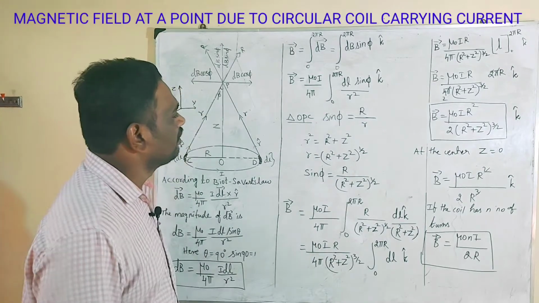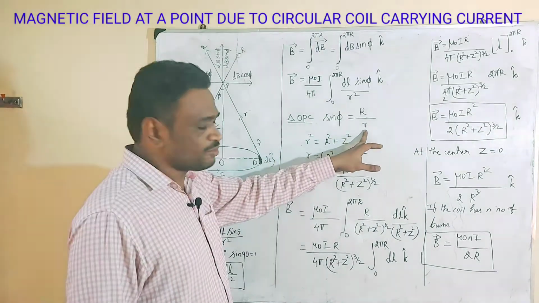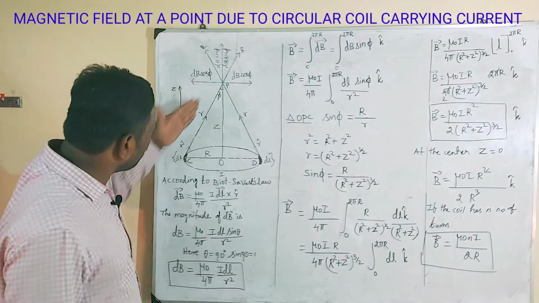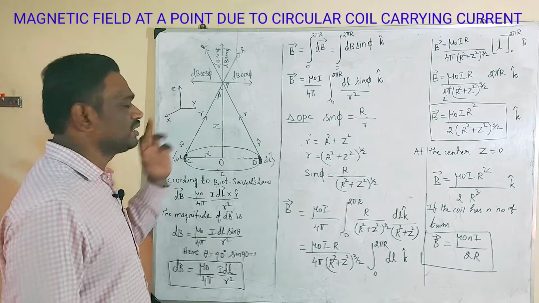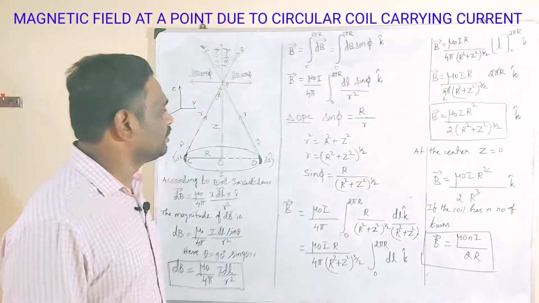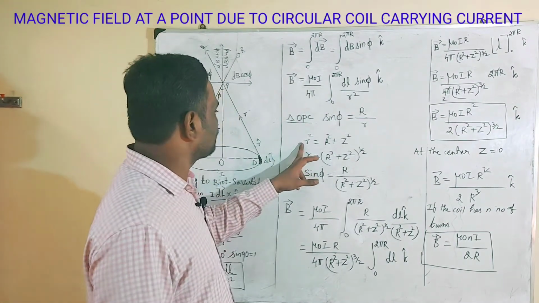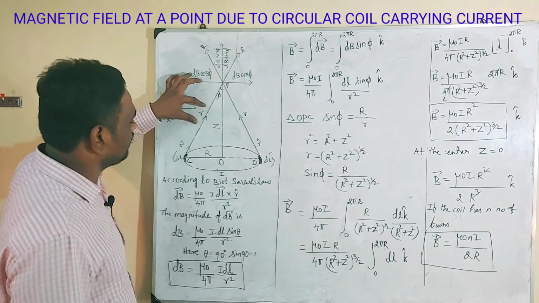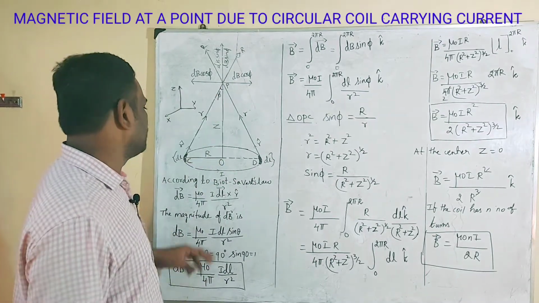Here I don't know the value of small r. It is the hypotenuse of the triangle. We can determine the hypotenuse of the triangle using Pythagoras theorem. Here r square is equal to capital R square plus Z square.